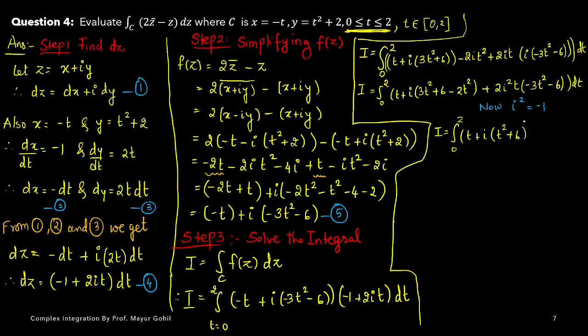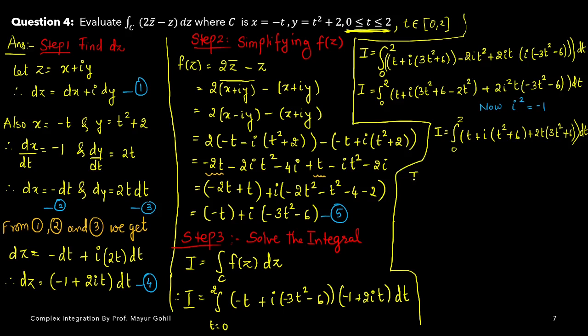Alright, and then there is the next term. Now i square is minus 1, so take that minus 1 inside. That minus and minus makes it plus, so we will have over here plus of 2t times 3t square minus 6 will become plus 6, and then there will be dt. Alright, now you collect the terms carefully and we will integrate it now.